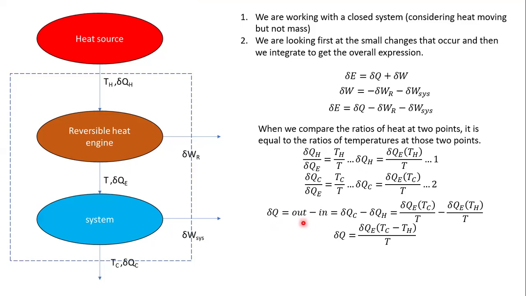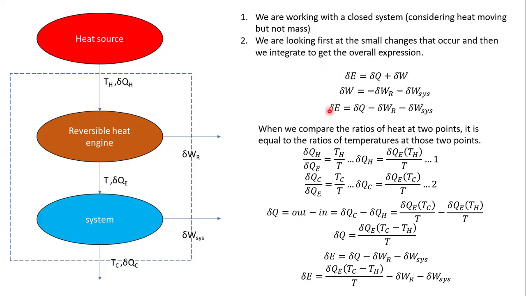So now we know our del Q is the out minus in. That's the del QC minus the del QH. And we know that del QC, according to equation 1, is going to be this. And then for del QH, according to equation 2, is going to be this. So I can subtract them. But then they both have del QE over T in their expression. So I can factorize that out. And I'll be left with TC minus TH. So del Q becomes this expression at the end of the day.